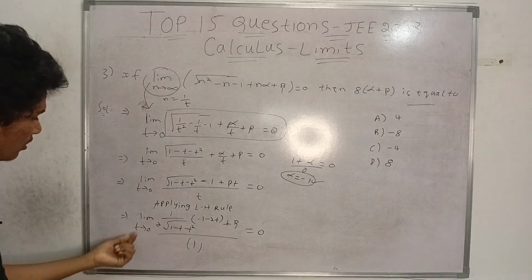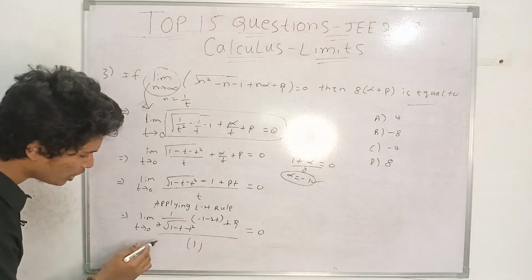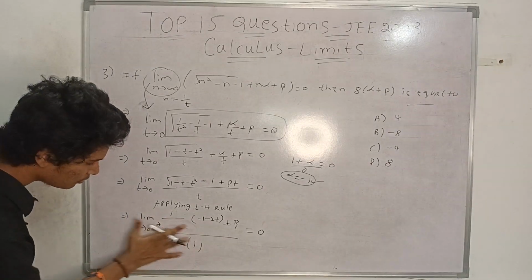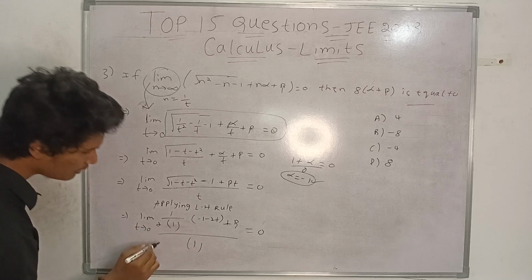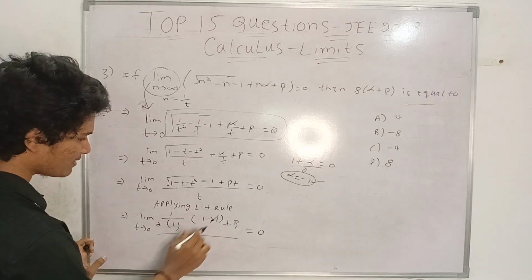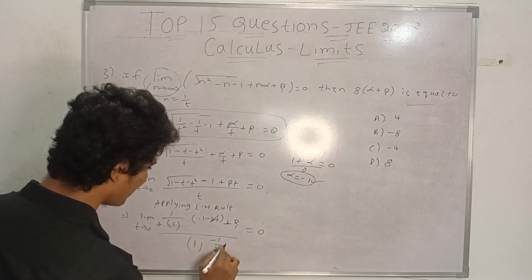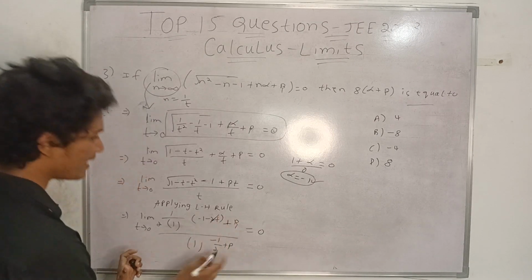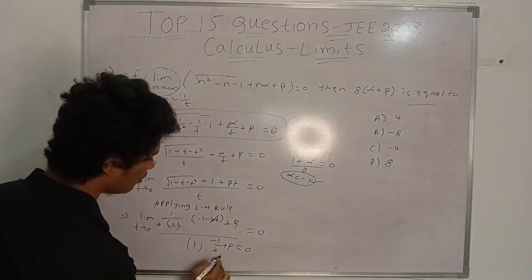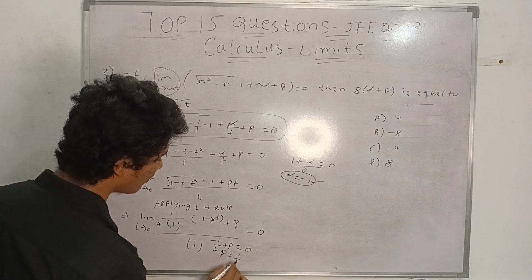Now we have to substitute t equal to 0. When t equal to 0, this root part will become 1, and the 2t becomes 0, so here it is completely minus 1 by 2 plus beta. And they are saying that this limit is equal to 0. What is the value of beta then? Beta equal to 1 by 2.